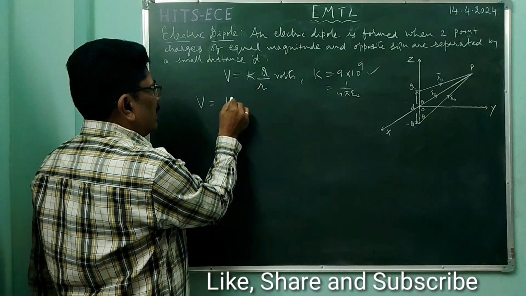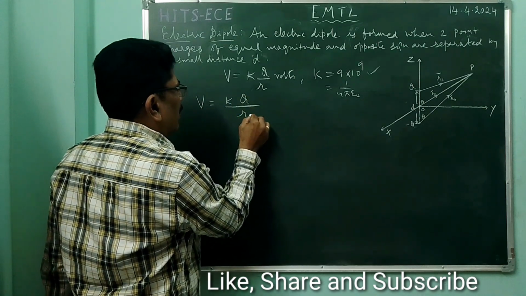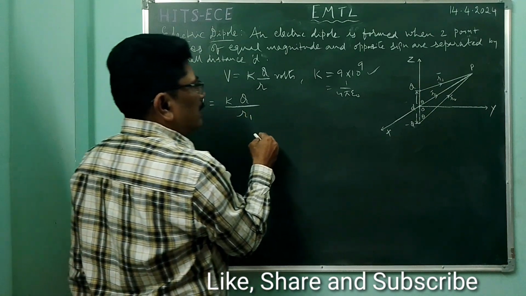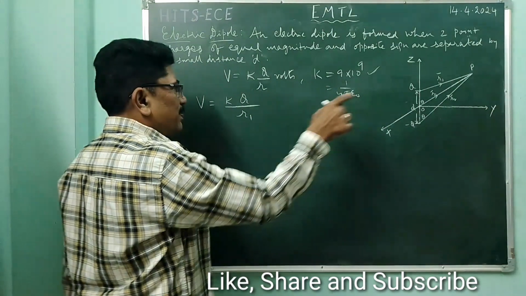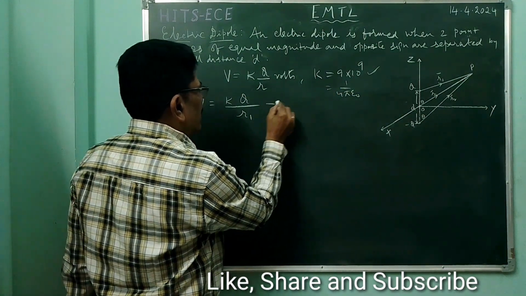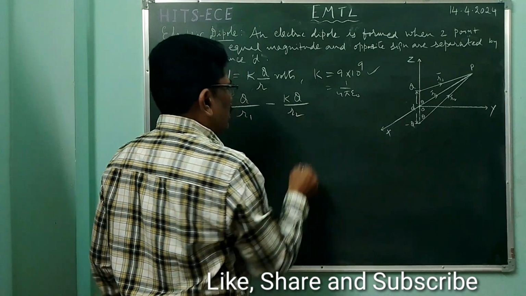Due to +q it is K into Q by R1. R1 bar is a vector, whereas R1 is its magnitude, minus K into Q by R2.